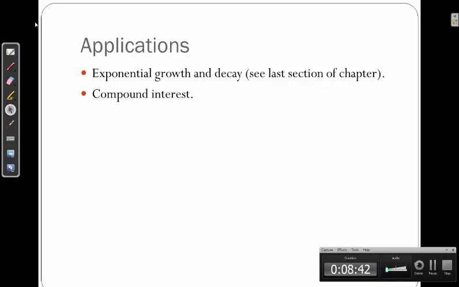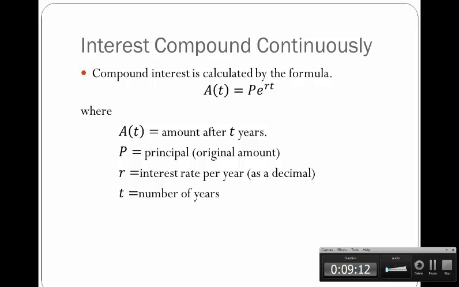And specifically, we're going to look at interest compounded continuously. And probably the easiest way to think about this is that it's what happens to the compound interest formula as your number of times compounded goes to infinity, as interest is calculated an infinite number of times.